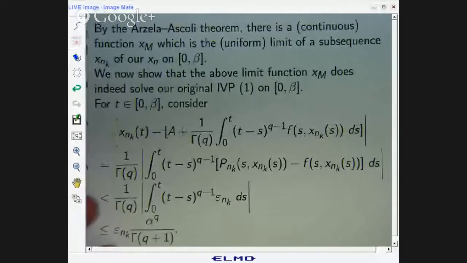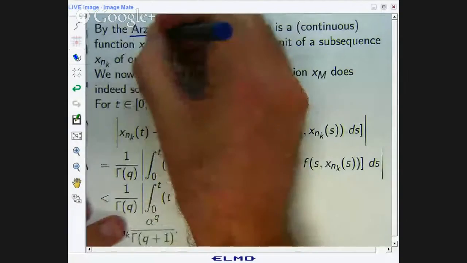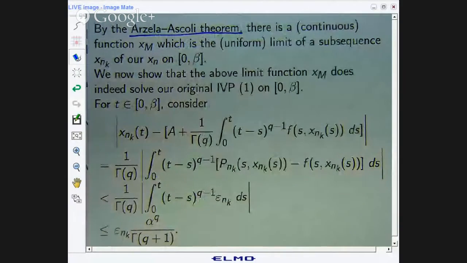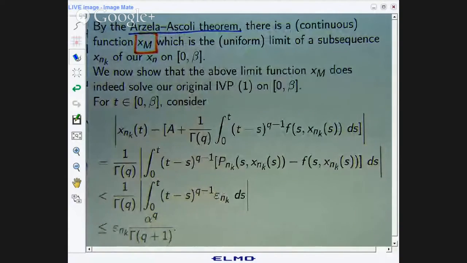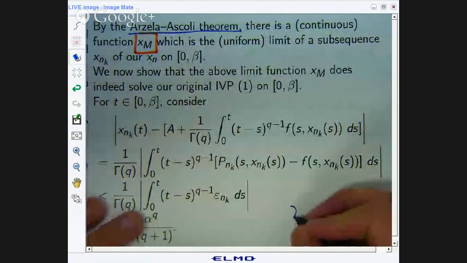There's going to be a subsequence that we know has a limit. All right, let's talk about that for a while. All right. Now, by the Arzela-Ascoli theorem, there is a function, let's call it x_m, where x_m is a function of t.